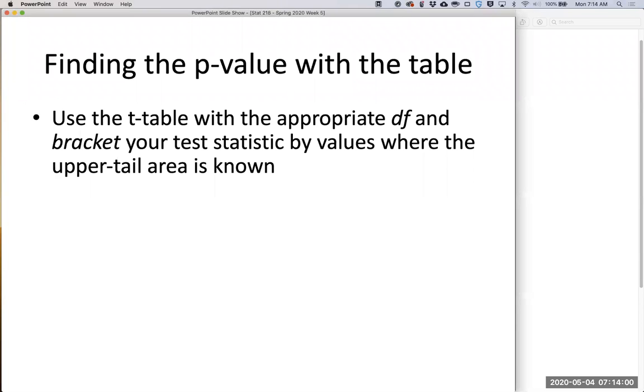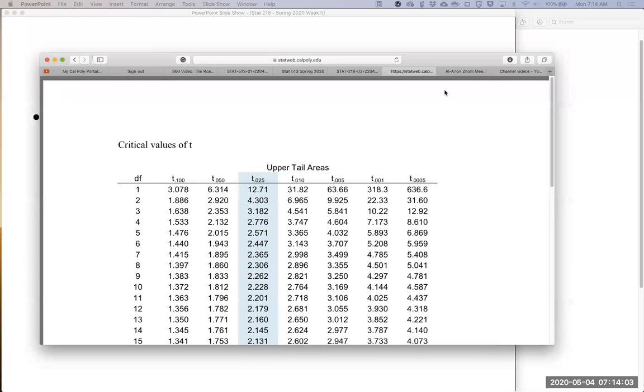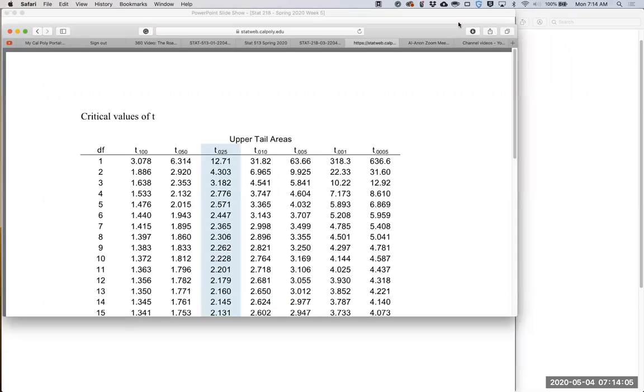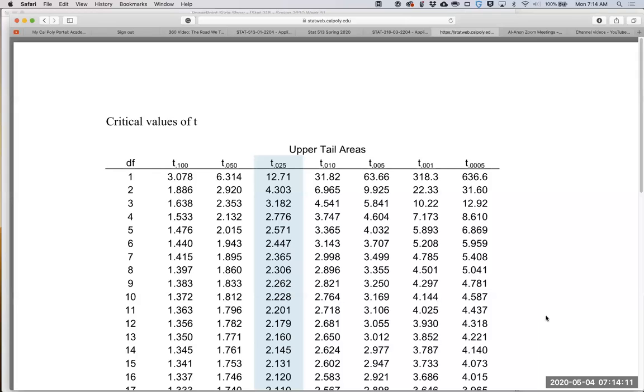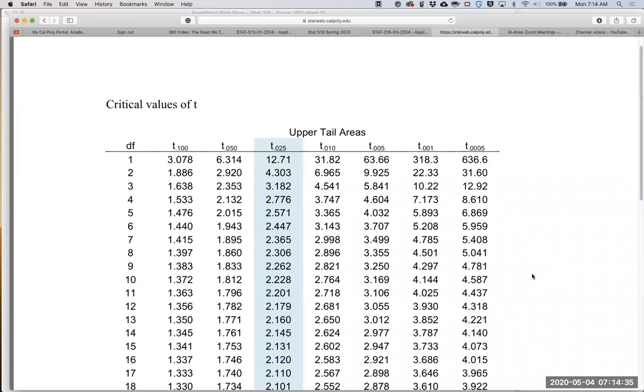So I had a 0.66. Let's drag our t-table over here, and maybe enlarging it would be a good thing to do so we can see more easily. In the row that has 16 degrees of freedom, that's down at the very bottom, I'm wondering where a 0.66 would occur.